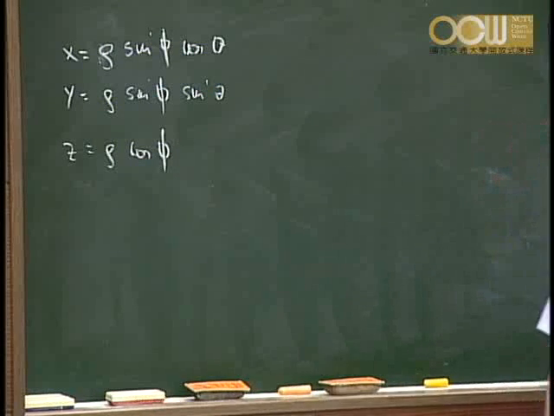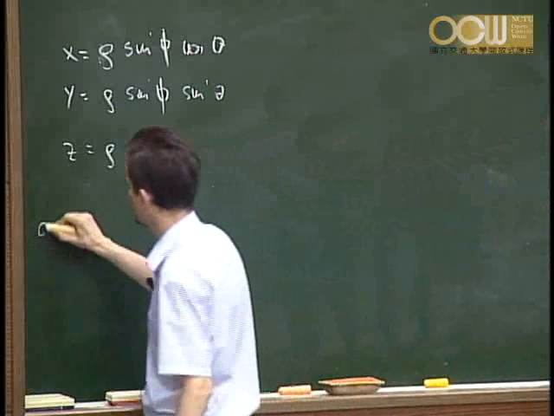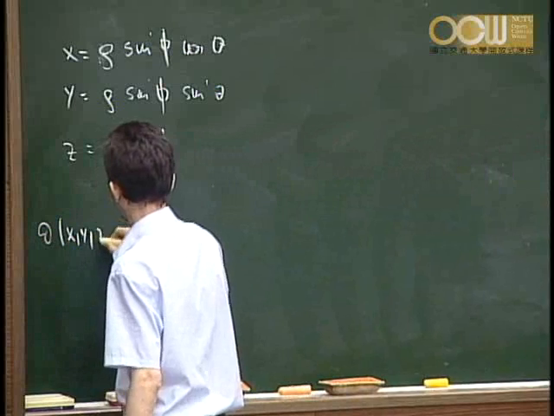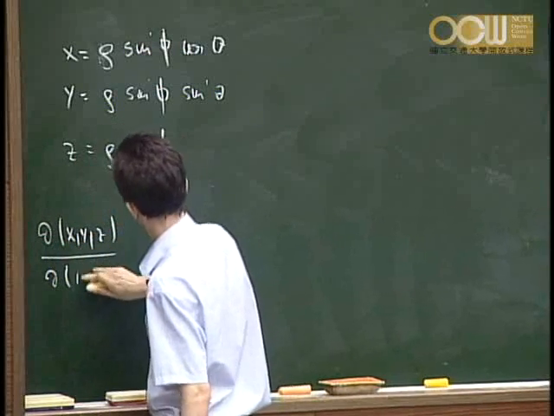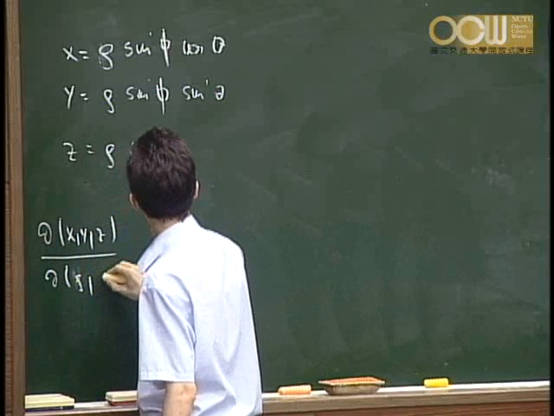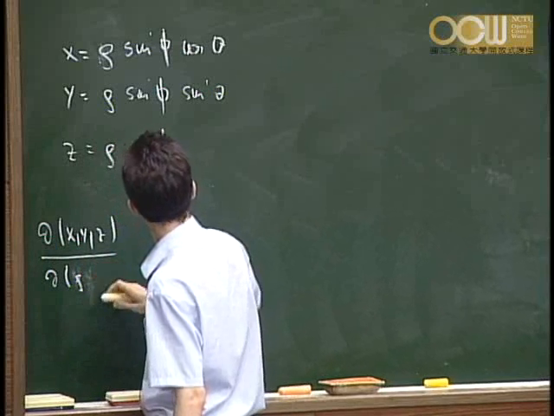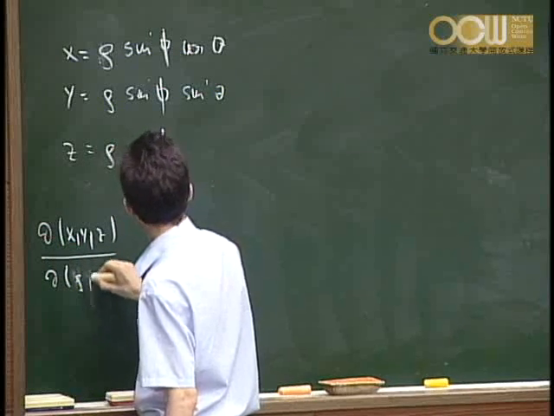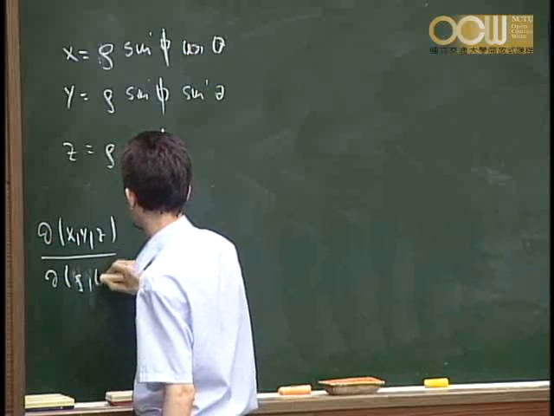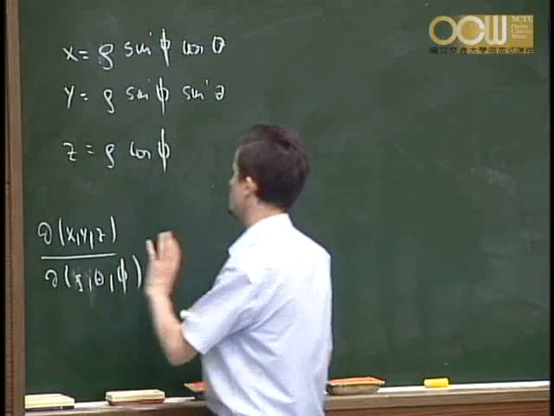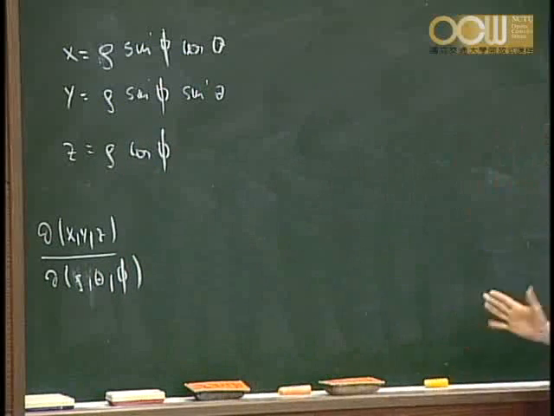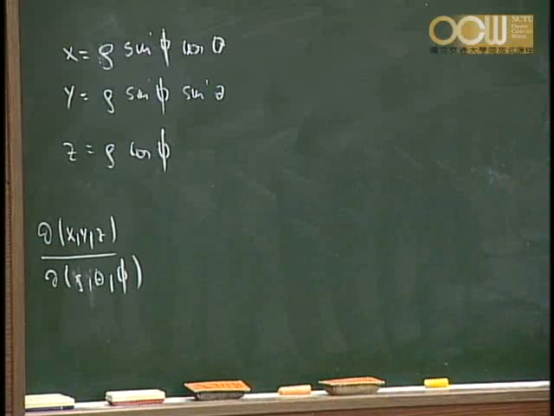So the only thing I have to compute is the Jacobian. So what is the Jacobian? Rho, and the second one, it doesn't matter, let's say theta. You see, you have a free choice here of the order, because here I say r, s, and t, but of course you can rename those.